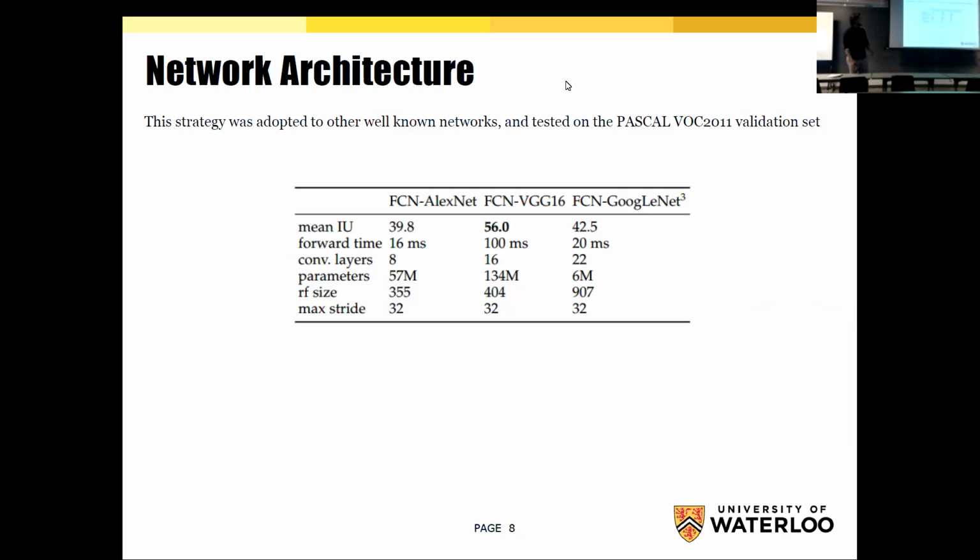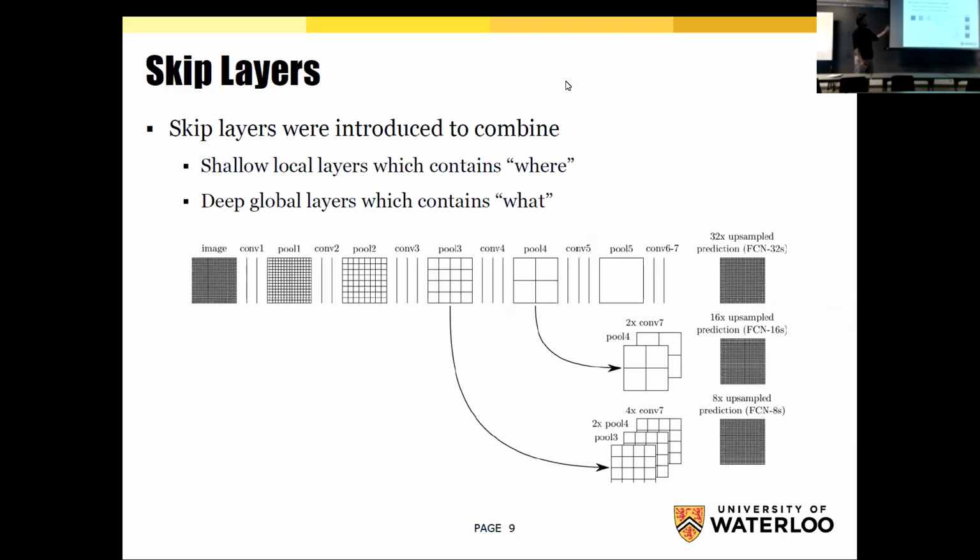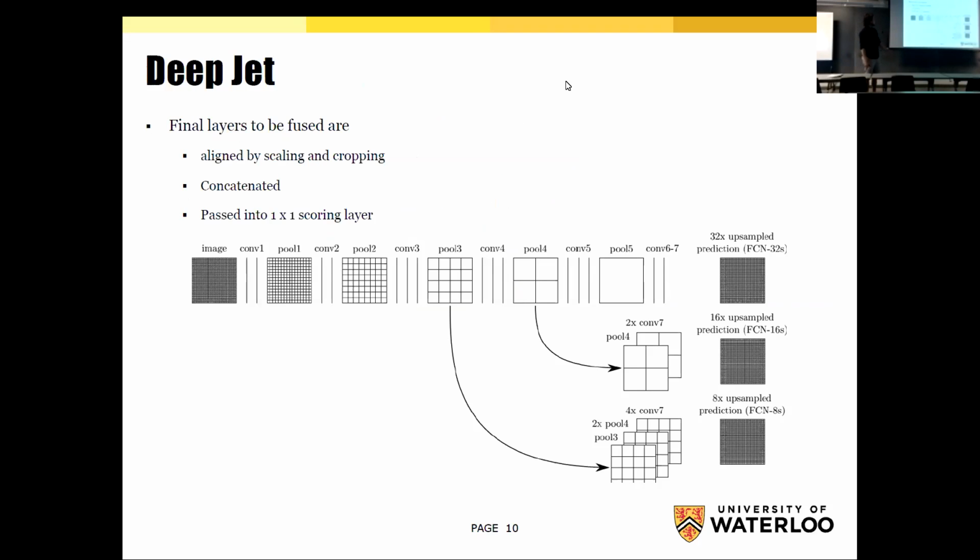Then they implemented the next idea, which is skip layers. They mentioned in the paper that the shallow layers contain good local feature information, while the deeper layers contain more of the global and the what. So they wanted to combine both of these features together. With the skip layers, they pull layers out throughout their network, and they call this the deep jet wording.